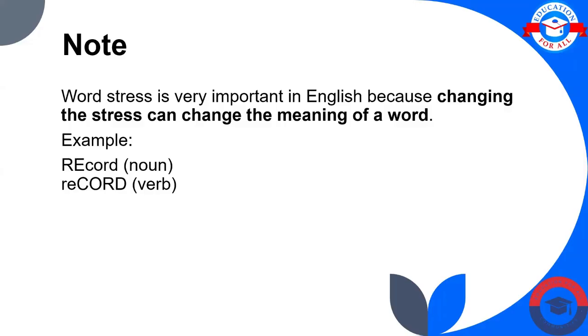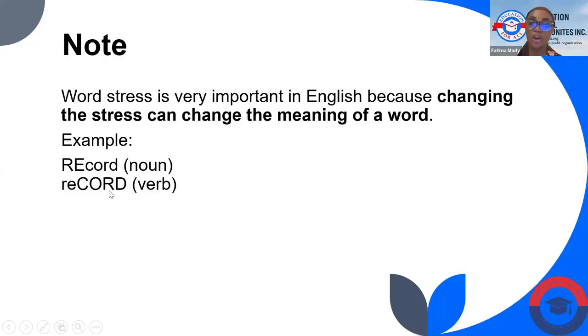So, record and record. For the first one, and record for the verb. A record, that is the noun. Now, to record is the verb. Record is the noun. That's the difference between both. The stress is on re in the noun, and in the verb the stress is on cord: record, record.